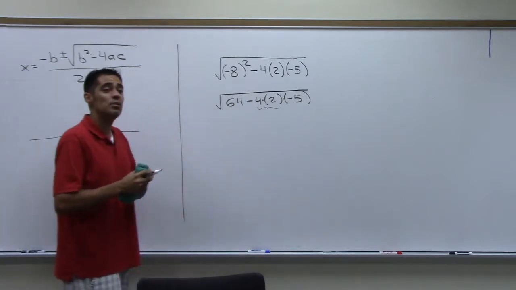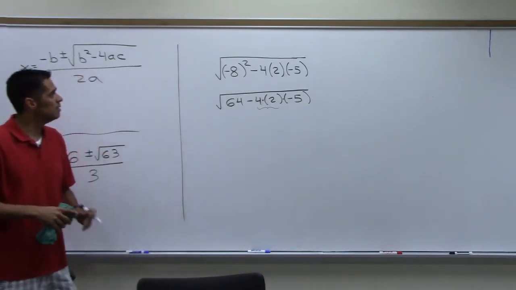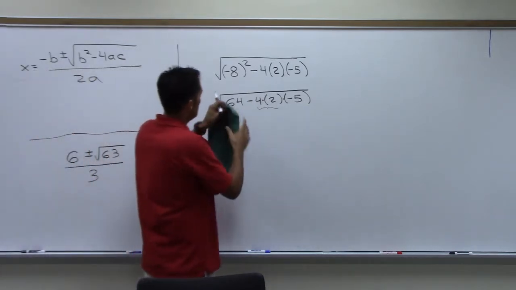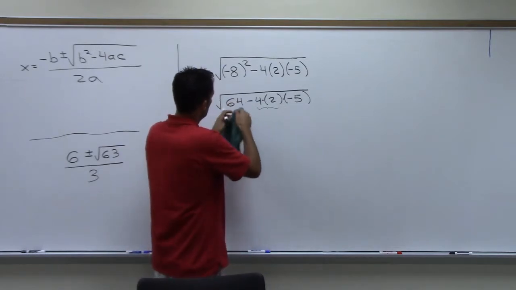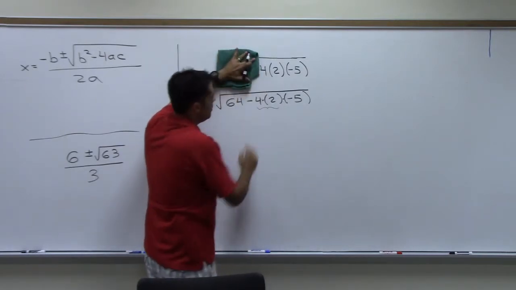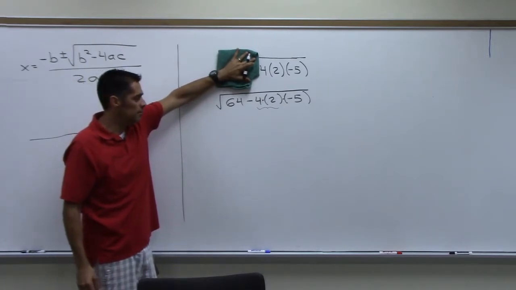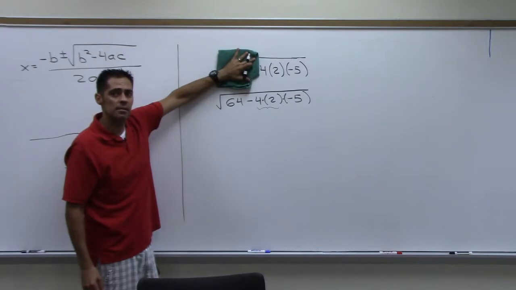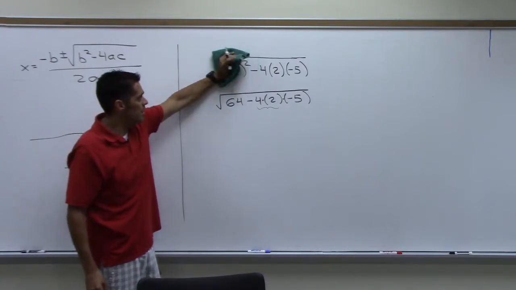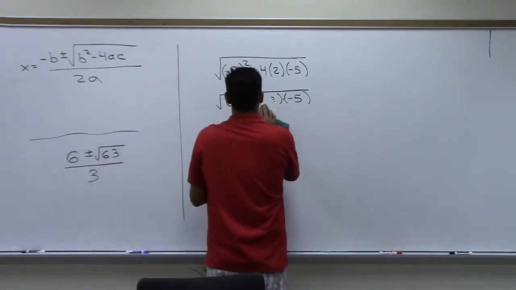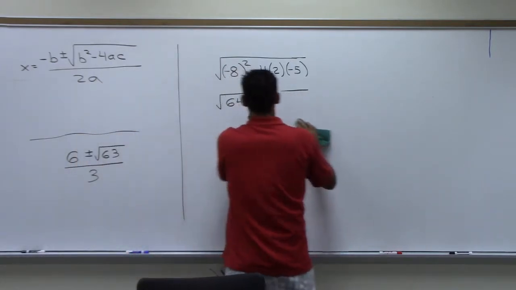So what I recommend you do when you see this later is ignore the minus sign completely. All right? And just do that. 4 times 2 times negative 5. What's 4 times 2? 8 times negative 5? Negative 40, right? So now uncover this and put down right here what we just said.